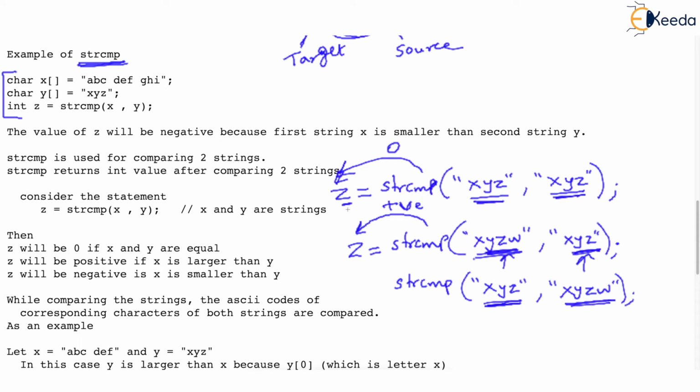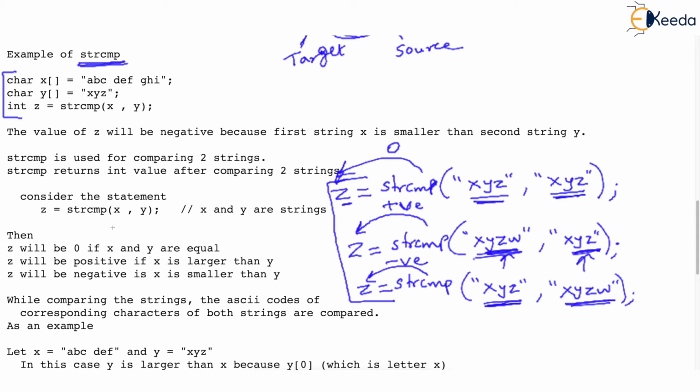In such a case, strcmp returns some negative value. Which negative value? Don't worry about that. But it may be -2, it may be -5, it may be -32. But some negative value is returned when the first string is smaller than the second string. So if I say z is equal to this, then z will be some negative value. So these are the three cases that happen when strcmp compares two strings.